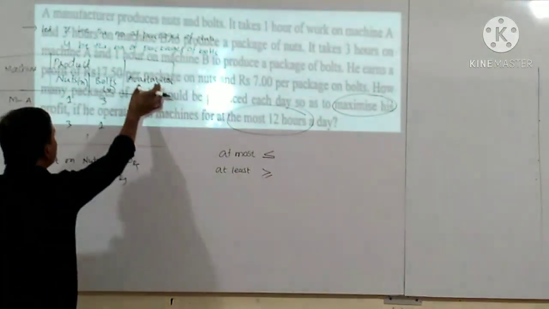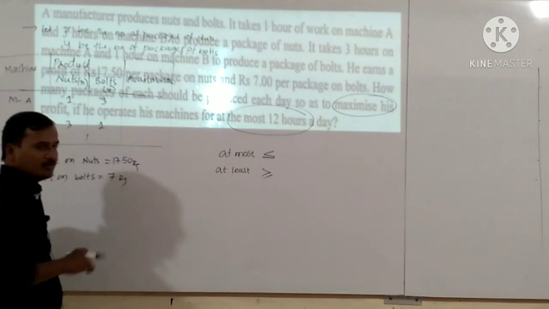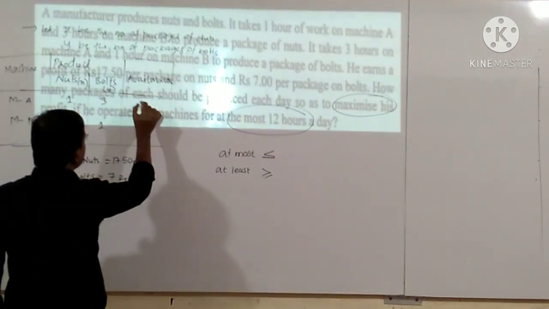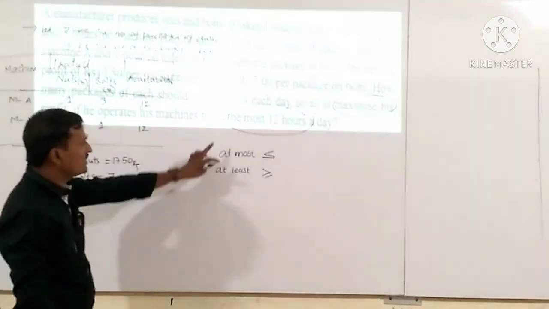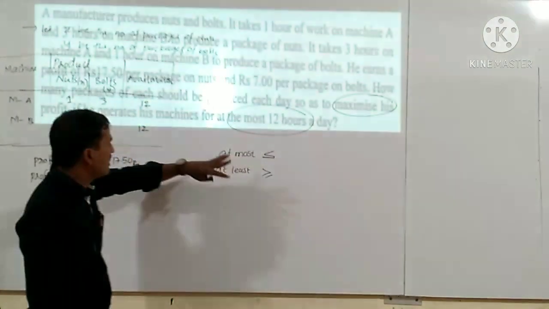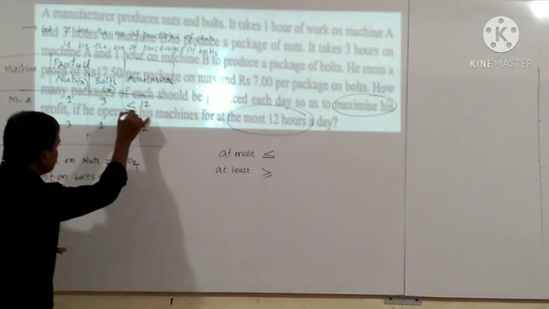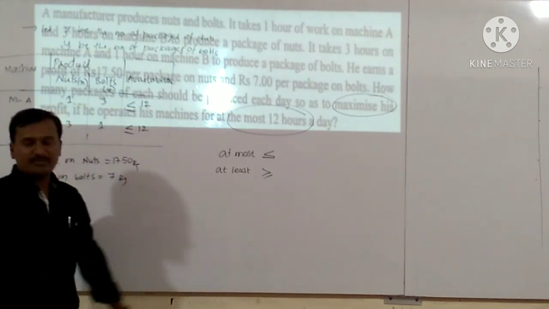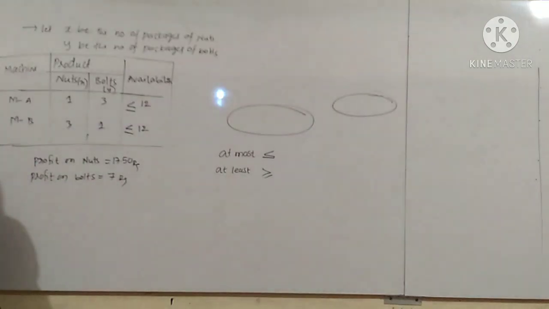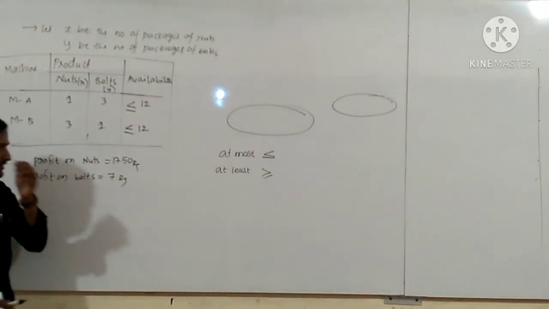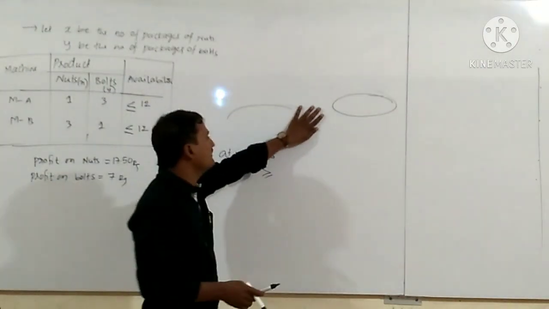Availability of machine A is 12 hours and this is also 12 hours, but they mentioned at most. At most means we will take less than or equal to. This is the mathematical formulation of the given problem.